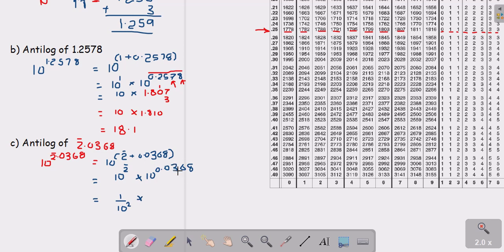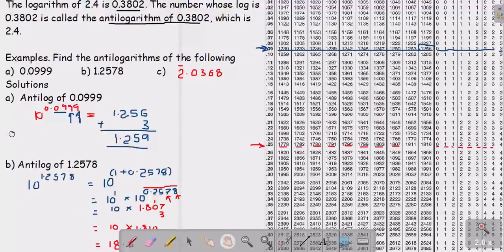So we read the antilog from the table at 0.03, and then on the 6th column.